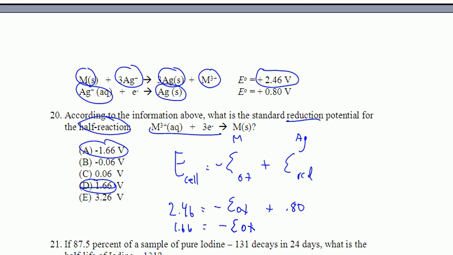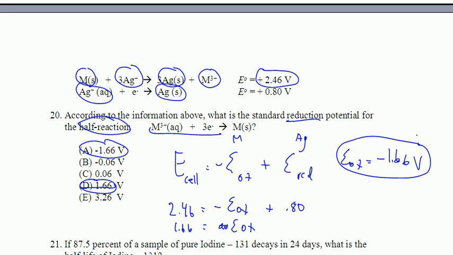So negative E ox is 1.66, and that means that the opposite of that is 1.66. So we move this around, we get E ox is equal to negative 1.66 volts.